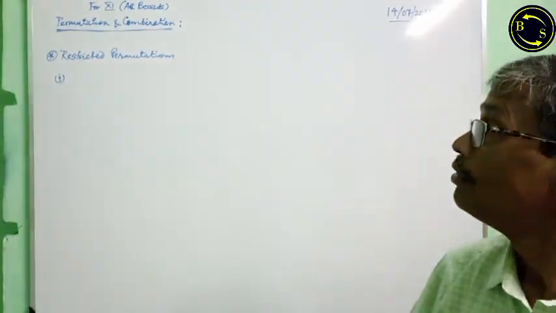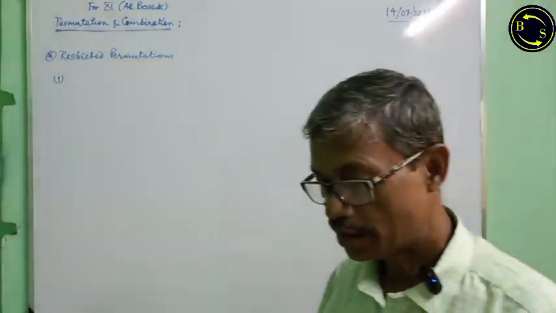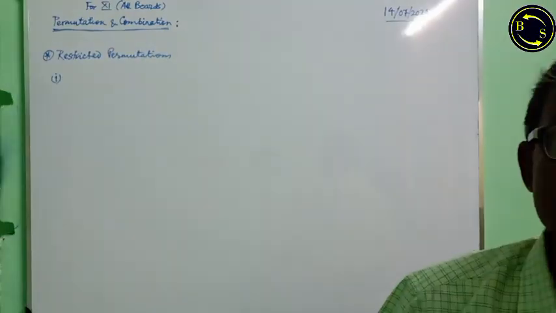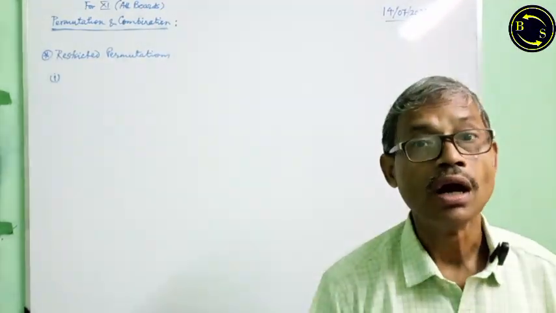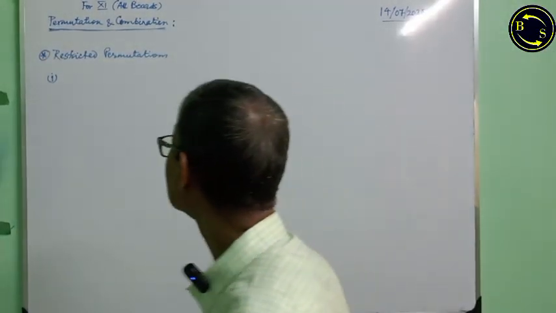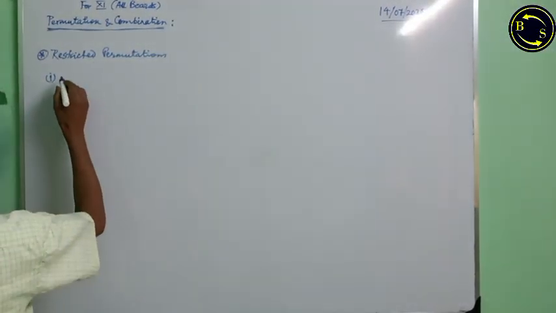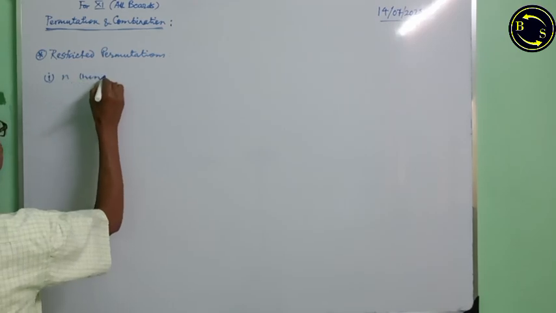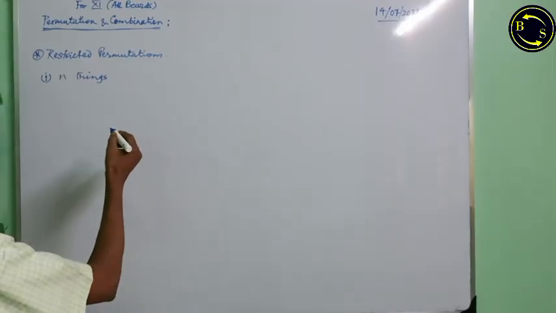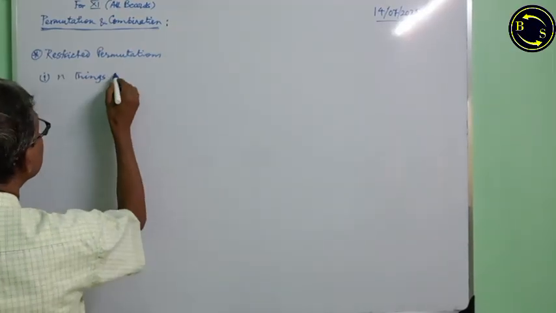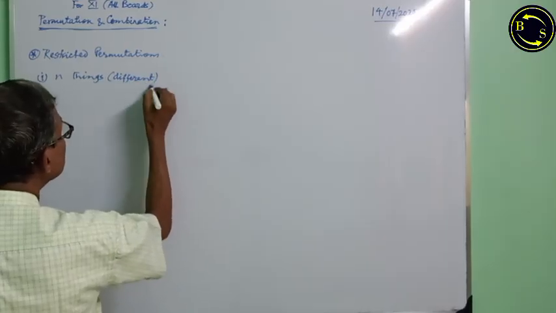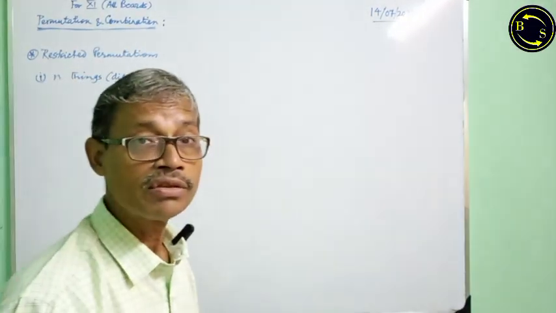Next, restricted permutations. In some problems of permutations, restrictions will be given. I am going to discuss them one by one. The first restricted permutation is: n different things are there.